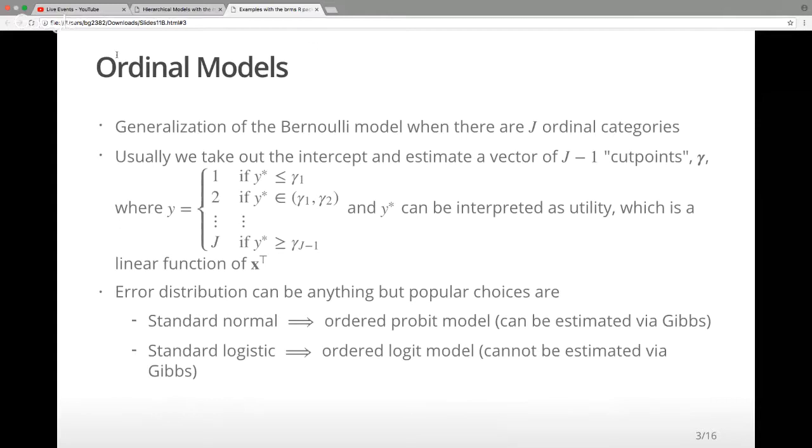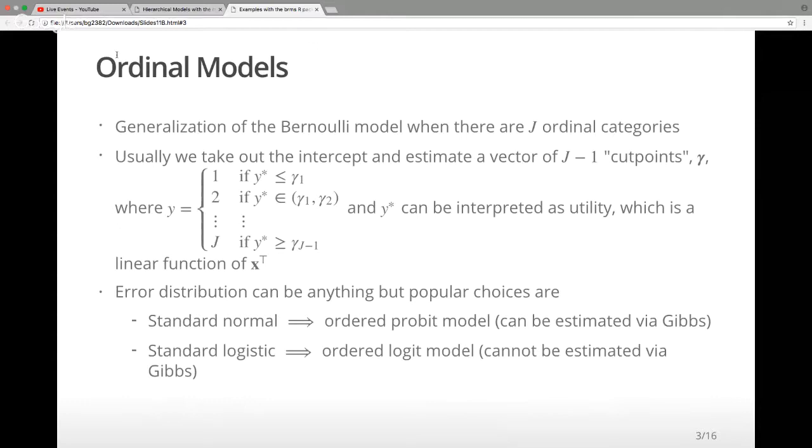And the critical thing about a model like this is you're conceiving of the categories as having some sort of order to them. This is often the case for survey research, survey questions where the answers typically take some form of Likert scale, where you strongly agree, or neutral, or disagree, or strongly disagree with one of the questions on the survey.